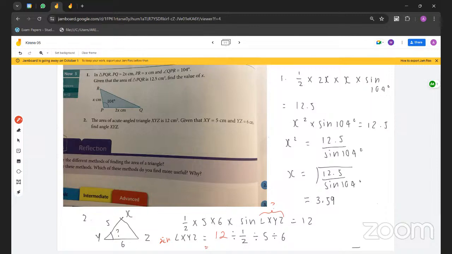Just figure out what the right-hand side is first for now. 0.8. I'll go ahead and write it down. Okay, now everything is correct so far. Sine angle XYZ equals 0.8.